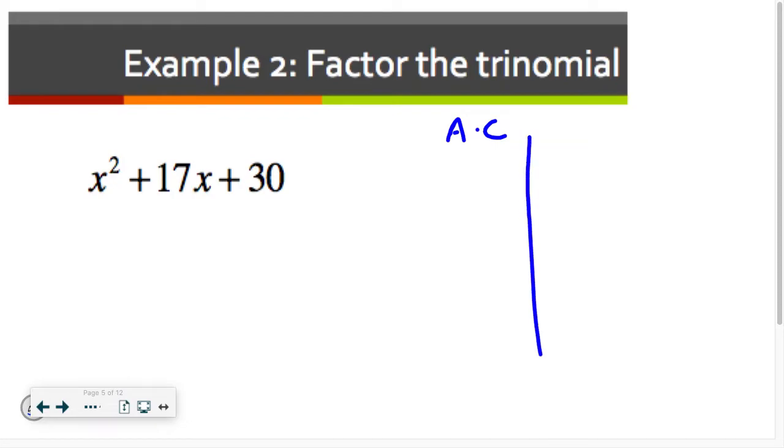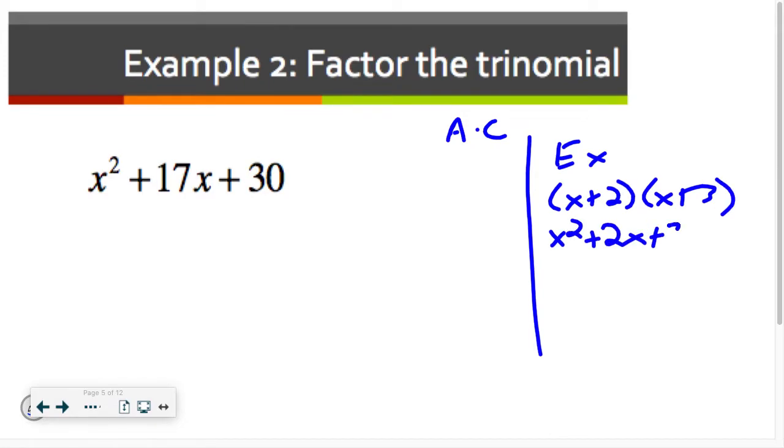For a quick example, x plus 2 times x plus 3 gives x squared plus 2x plus 3x plus 6. I get 4 terms, but then the two middle terms come together, and that's how I turn it into a trinomial. So the idea here is, can I take my 3 terms and make it into 4 terms, so that I can reverse this distribution idea?